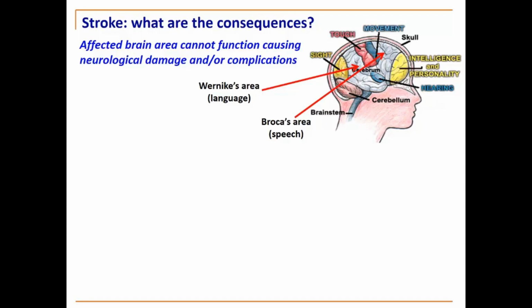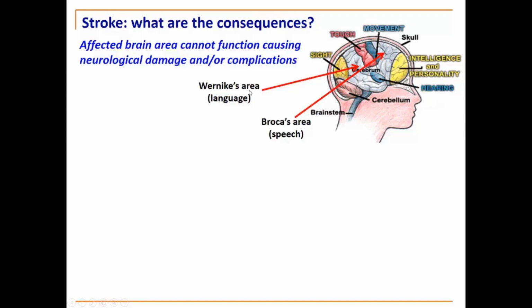So what are some of the consequences? So the affected brain area can't function, causing neurological damage and complications. So if you get a stroke in different areas of the brain, you have different effects. So I'm going to get you to think, here are some of the main areas of the brain. So you've got the area for sight, touch, movement, your personality, hearing, your Broca's area for speech, Wernicke's area for understanding language.